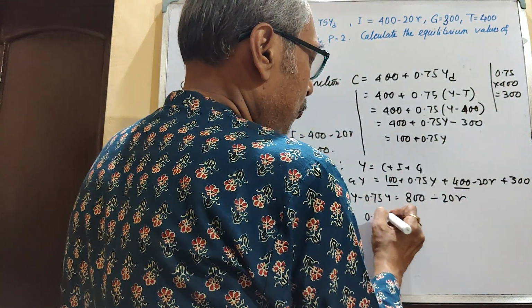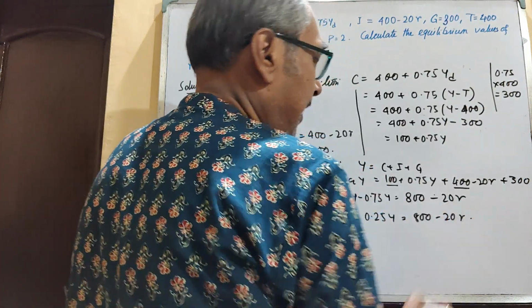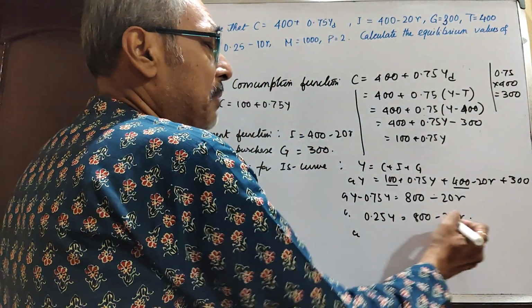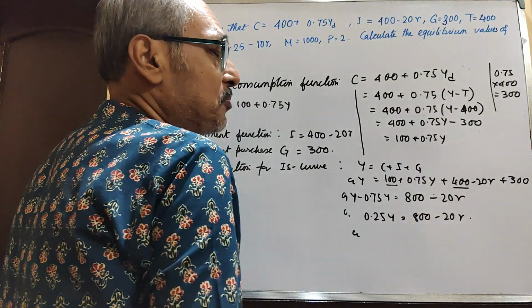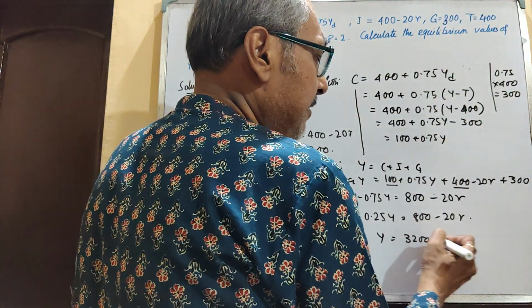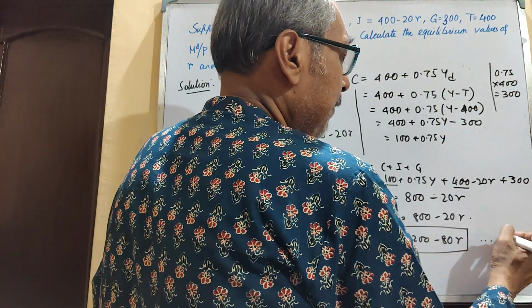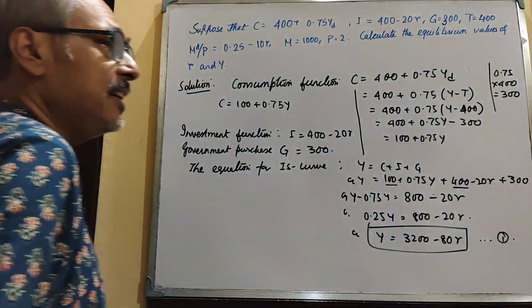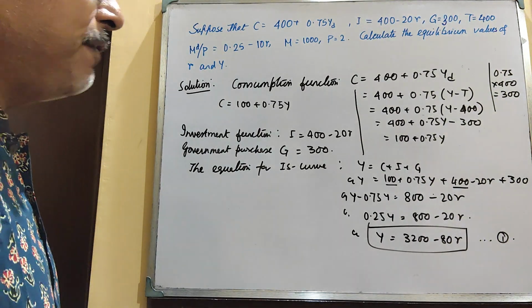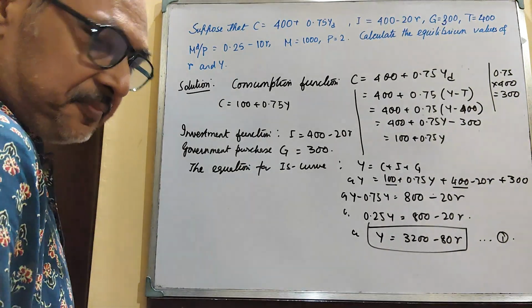Or 0.25Y equals 800 minus 20r. Multiplying both sides by 4, we get Y equals 3200 minus 80r. This is equation number 1. This is the equation of the IS curve.